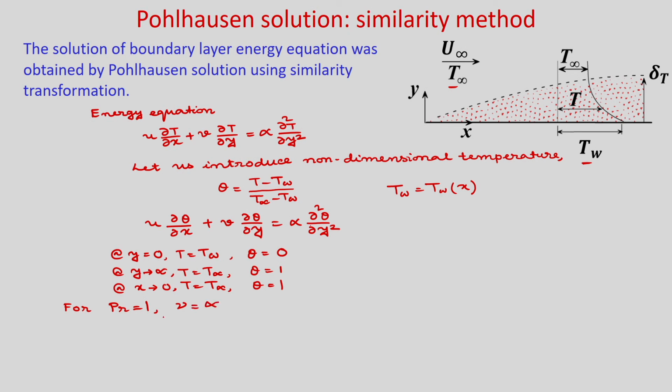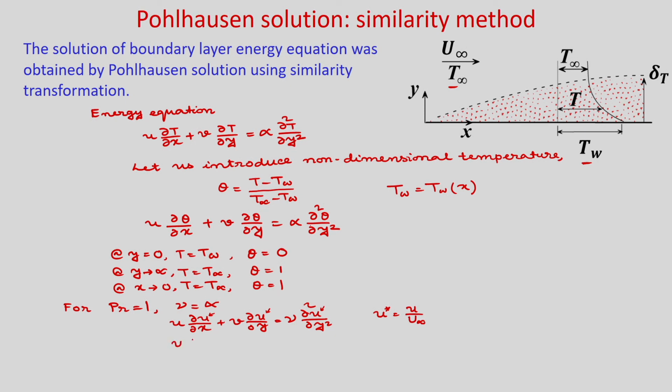And the momentum equation whatever we have, so you can write down u del u by del x plus v del u by del y is equal to nu del 2 u by del y square, and this u, okay, you write in terms of non-dimensional velocity, u star is equal to u by u infinity.